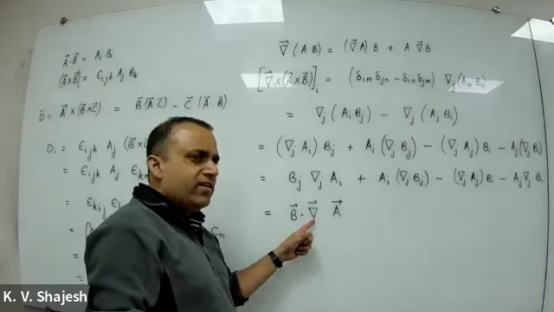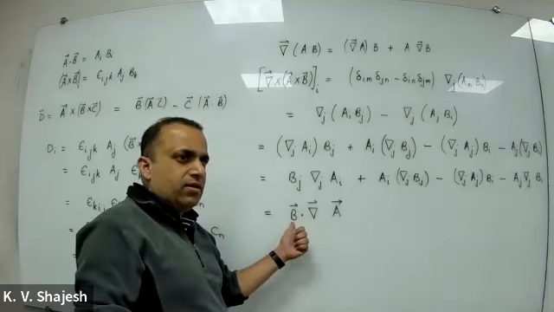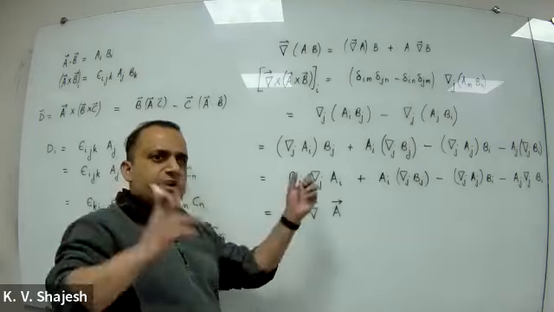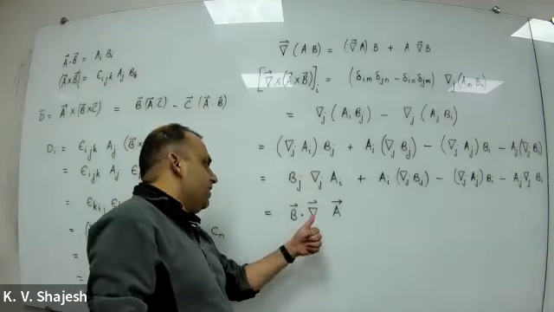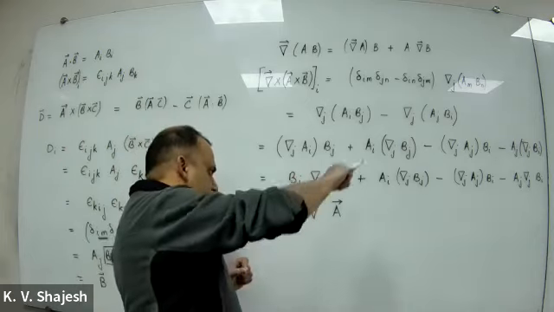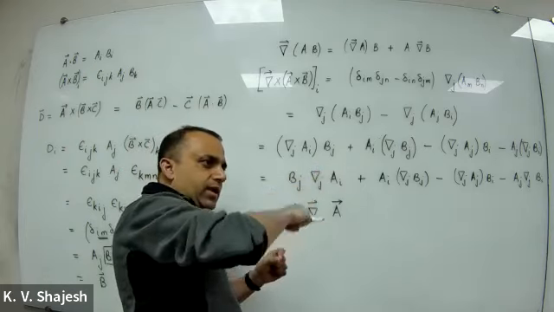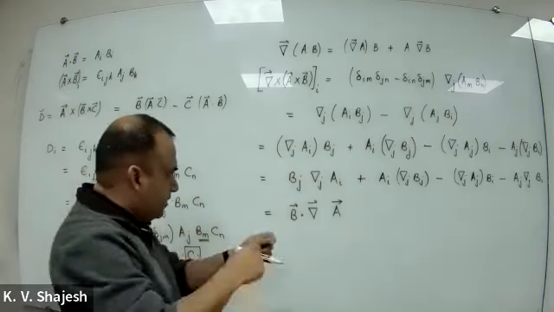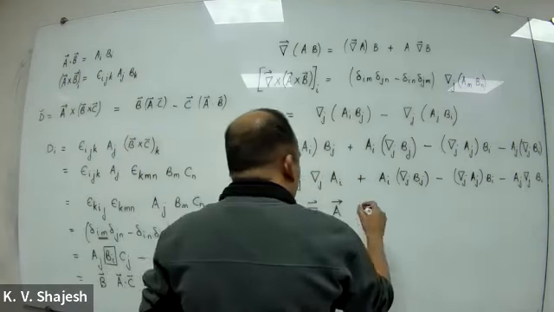This is the gradient in the direction of B. Like gradient in general is a derivative acting in any direction, right? But this is a derivative acting in the direction of B. So I choose that vector B and along that direction, pick two points and take the derivative if you want.